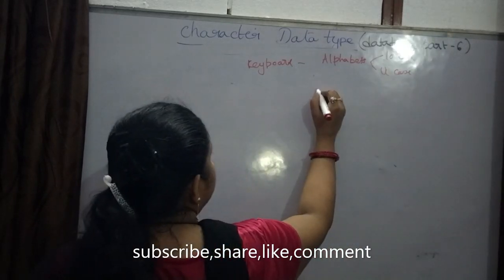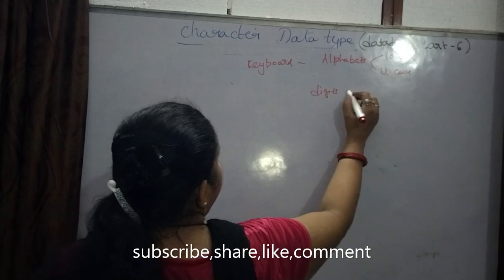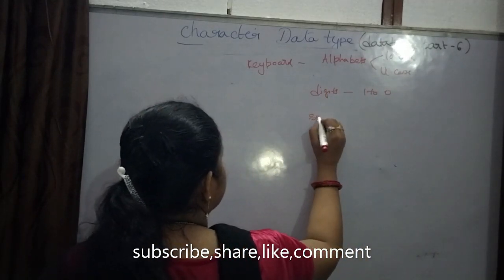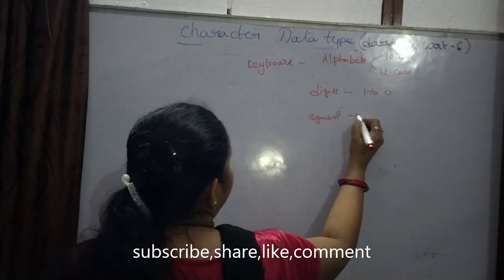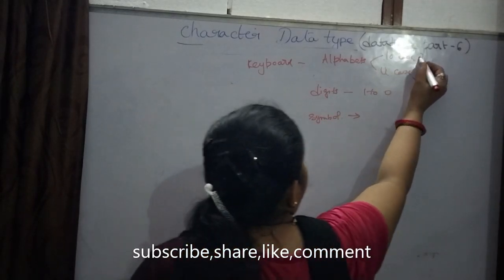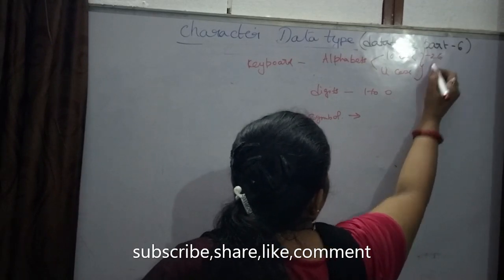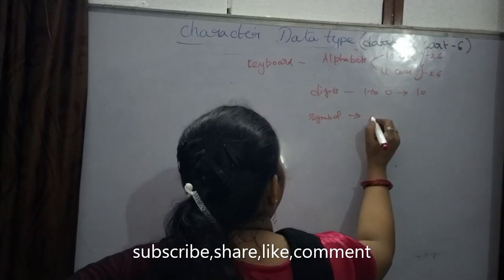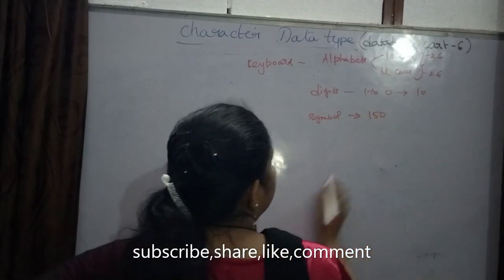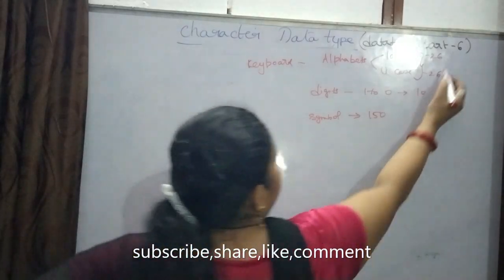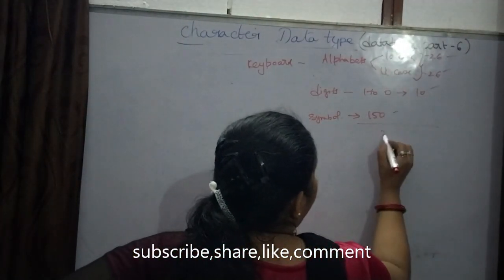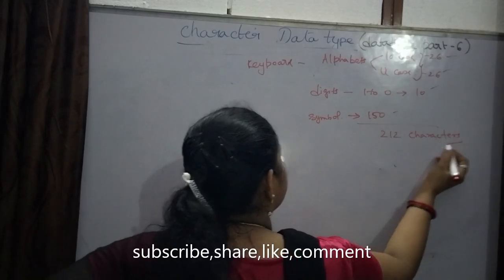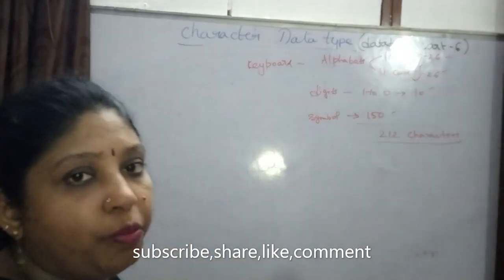Next, digits, from 1 to 0, and some symbols. This comes to around 26, 26, and around 10 digits, and around 150 symbols. So altogether, if you calculate, it will come around 212 characters on the keyboard.